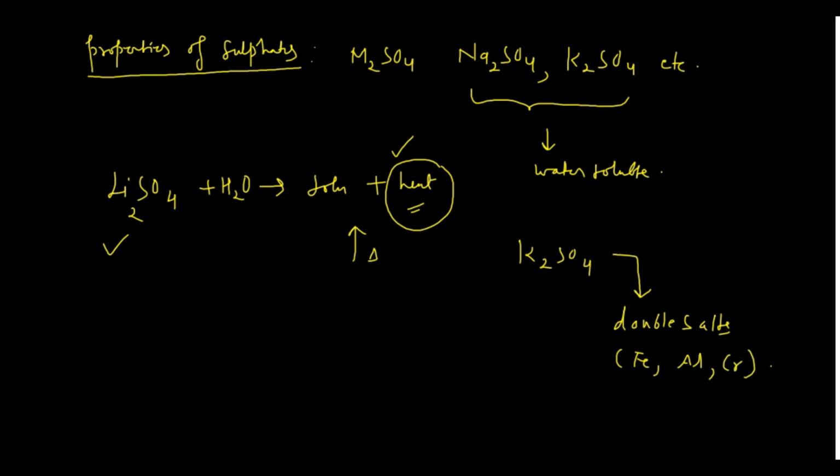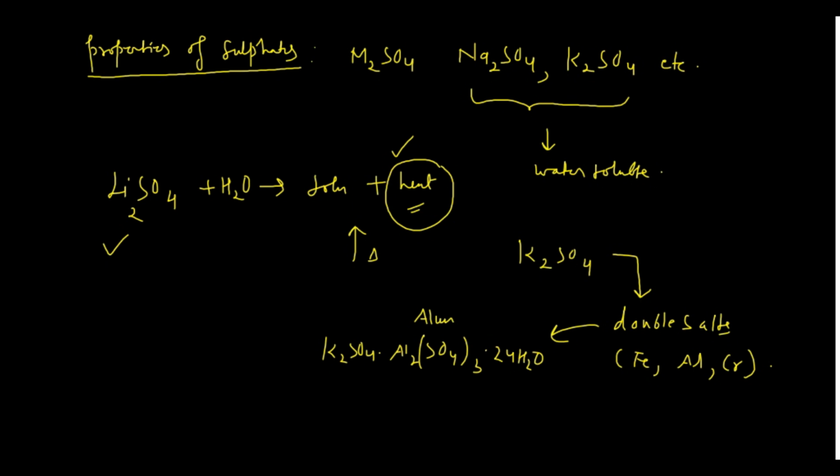All double salts can form. A very famous double salt is K2SO4, Al2(SO4)3, 24H2O. This is potassium alum, a double salt. Okay, and this 24 is the water of crystallization, and many other double salts you can also form.